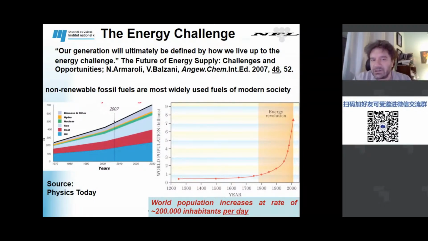This is one aspect. But there's this other aspect which has nothing to do with science per se, but it tells us that our approach as scientists is extremely limited in what we can actually achieve. So this is world population as a function of time. If we go back in time a few hundreds of years or even thousands of years, we find that world population was much, much smaller than it is today, and it was growing very, very slowly.